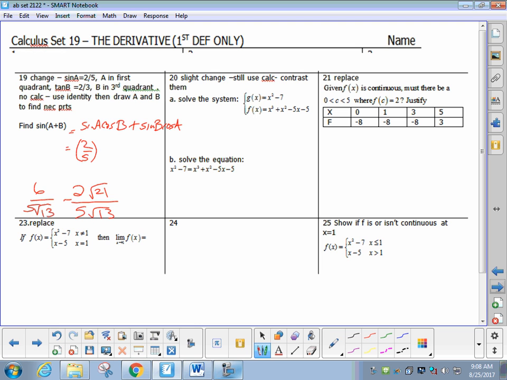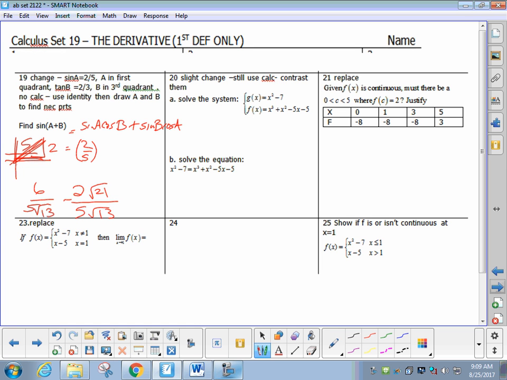Okay, so let's draw pictures. If I draw angle A, it's in the first quadrant. What does sine of A equal 2/5 tell me? Sine is a ratio of, SOHCAHTOA, opposite to hypotenuse, yes? So 2 to 5. Sorry, my picture's all funky.